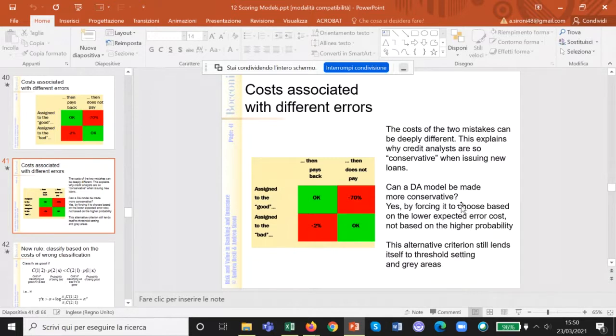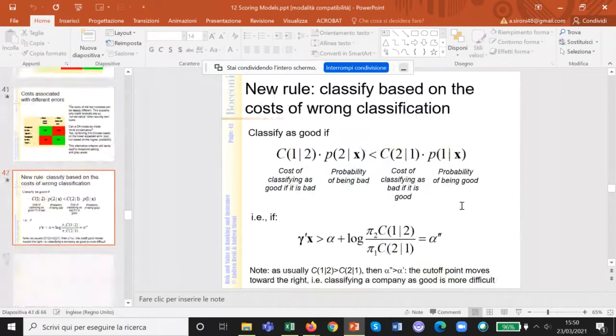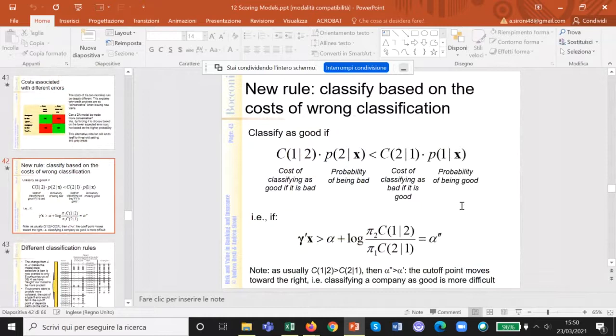And clearly, this alternative criterion would push the cutoff point to the right this time, making our model more conservative. How would it work? By taking into account both the a priori probability and the cost of the errors, okay?